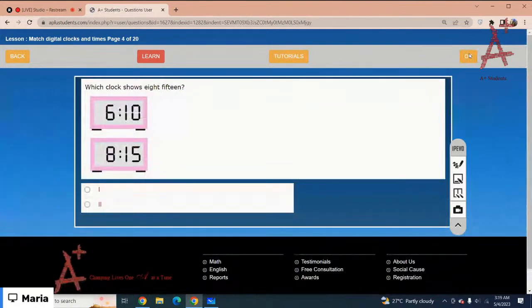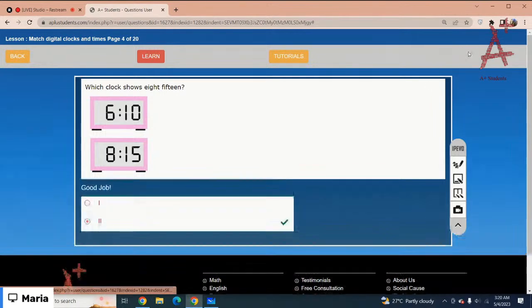Okay, which clock shows 8:15? Which is the correct option? Yes, the second one shows 8:15. You have 8 hours and 15 minutes, so it would be the second one.